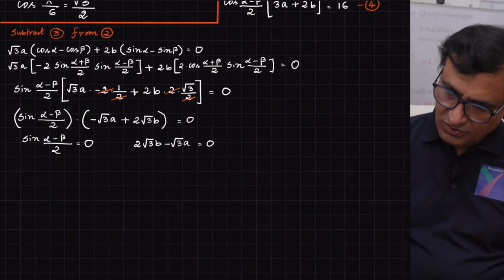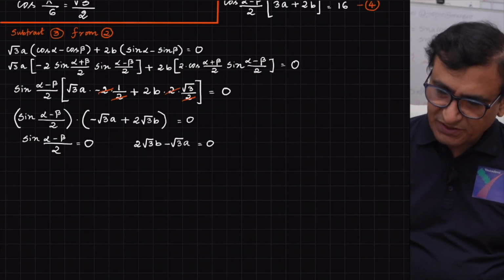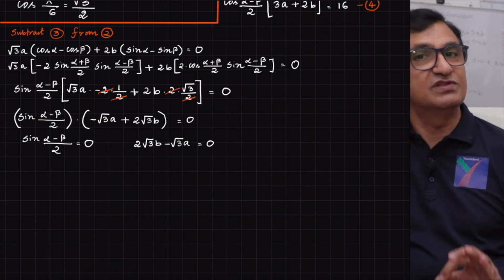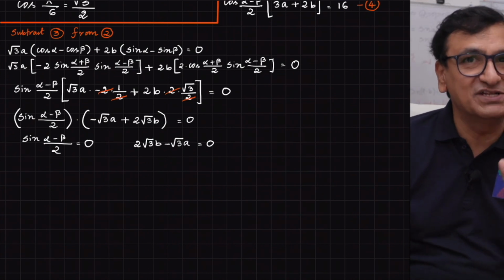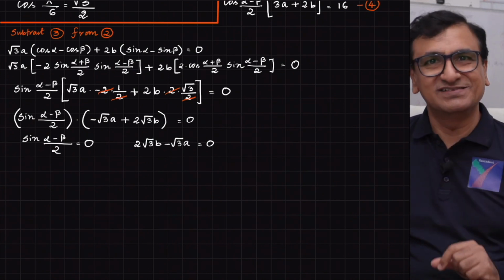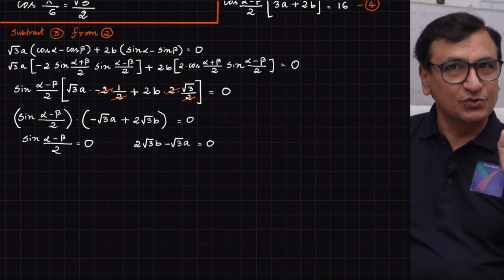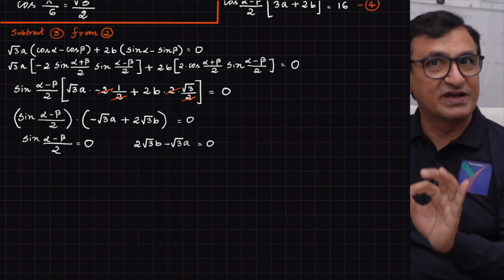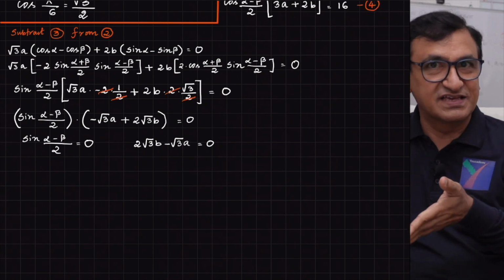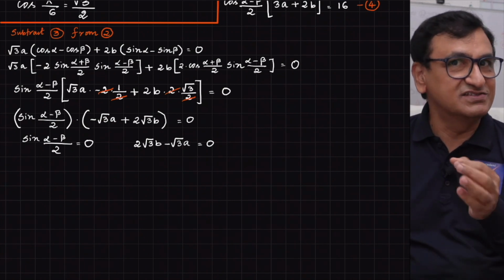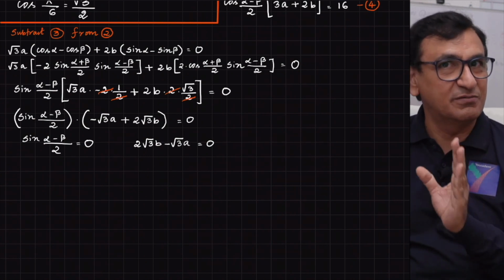Now sine((alpha minus beta)/2) is 0, therefore cos((alpha minus beta)/2) will be 1 from our Pythagorean identity. How? You have cos square theta plus sine square theta equals 1, and in this case sine square theta is 0 because sine((alpha minus beta)/2) is 0.